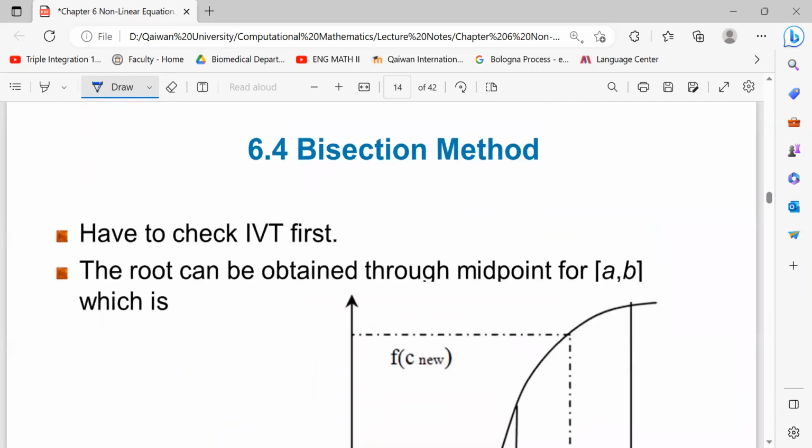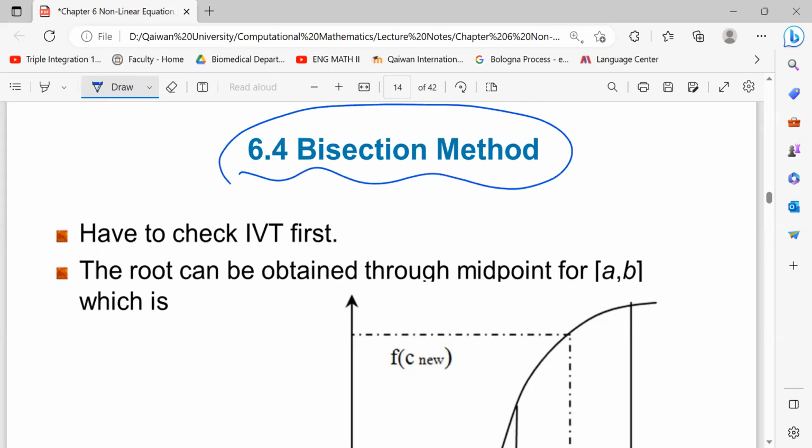Then we have the bisection method. It's the first method that we use for solving a nonlinear equation to find its approximate solution. Here the bisection method works on an interval, but the other two methods work on points.